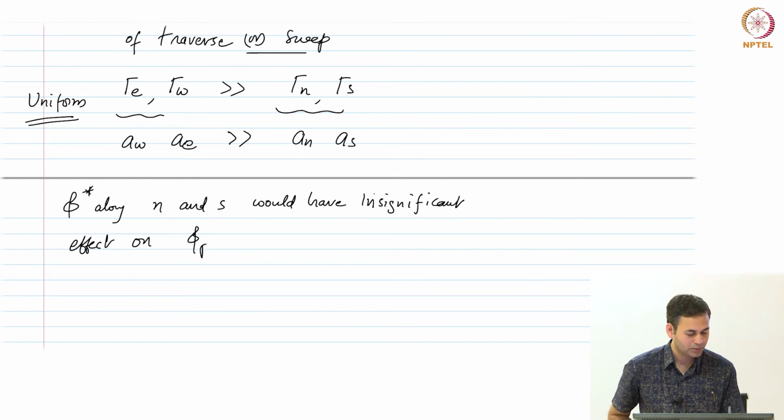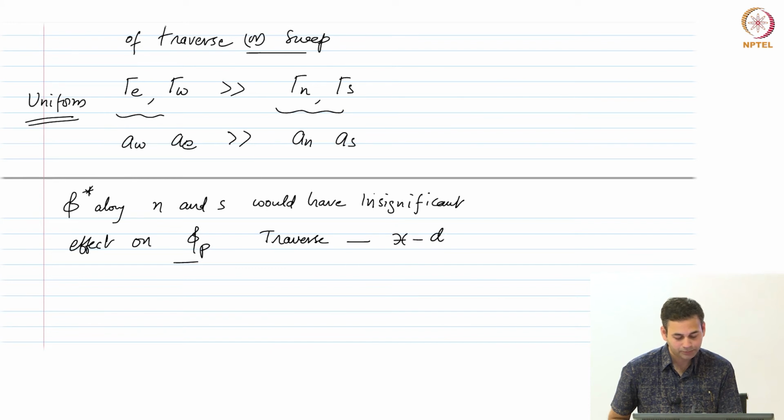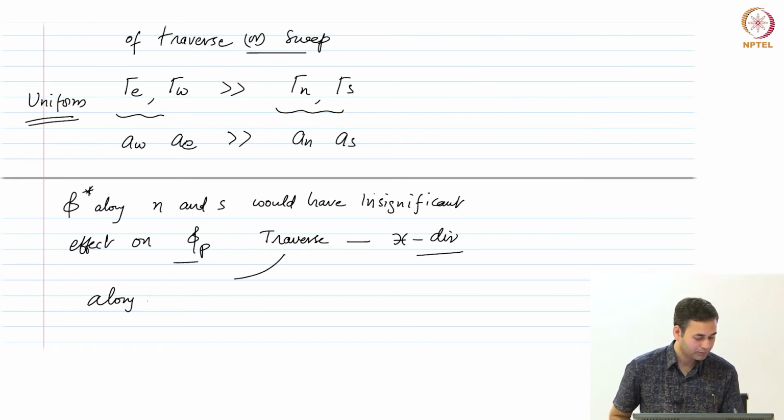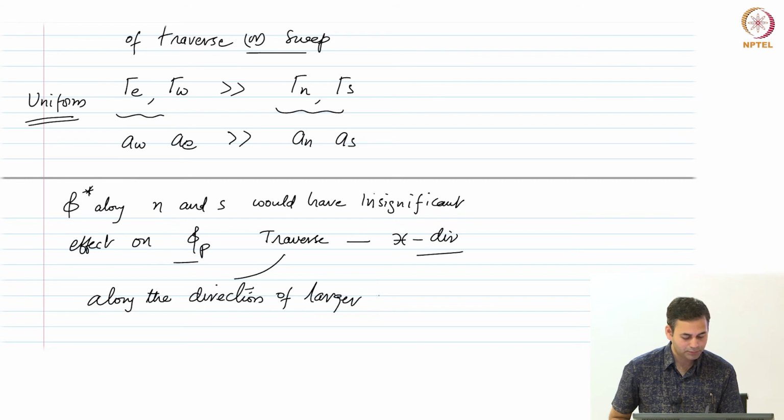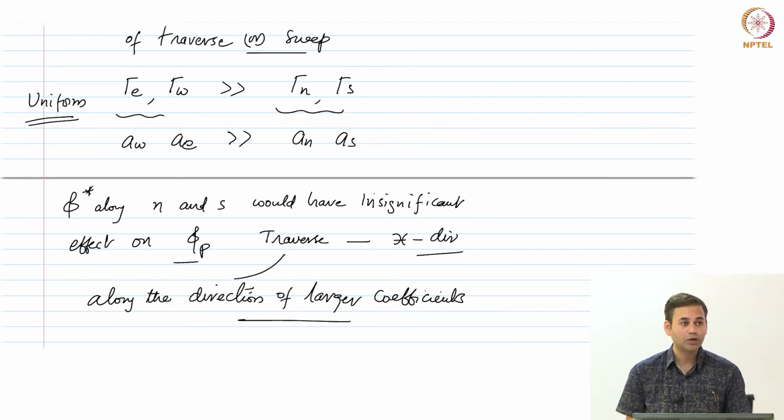So, traverse should be along the x direction. In general, traverse should be along the direction of larger coefficients, because the small coefficients would not change the solution convergence much.